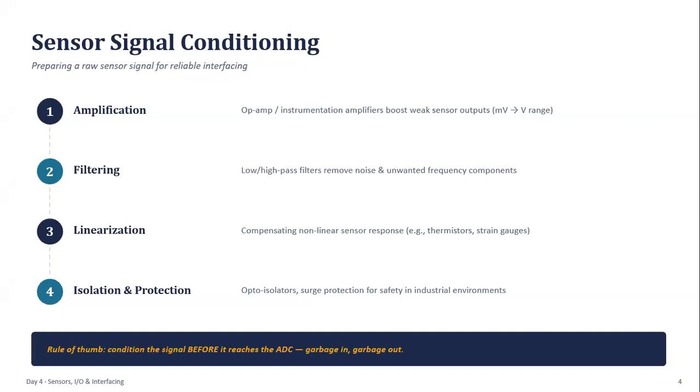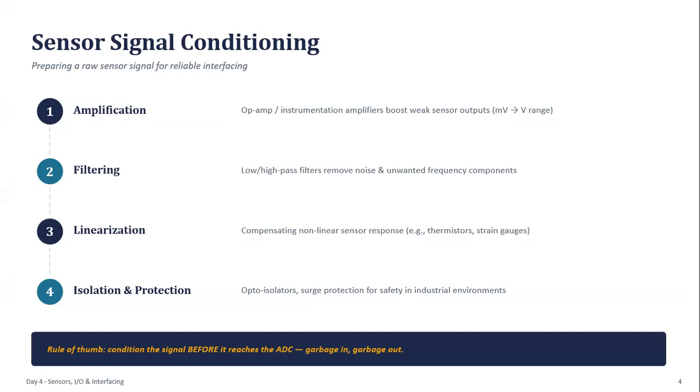So these are the various processes involved in the signal conditioning mechanism. First one, amplification. During this process, it is possible to increase the small sensor voltage. Next, filtering. It tries to remove the unwanted electrical noise during the signal transmission process.